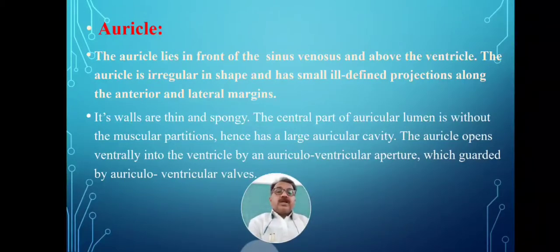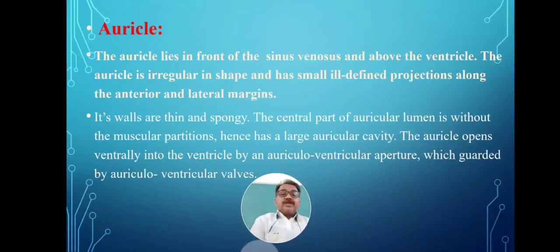The auricle is irregular in shape, with no specific shape; different shapes occur. It has small ill-defined projections along the anterior and lateral margins. Ill-defined projections are found along the anterior and lateral margins of this auricle.